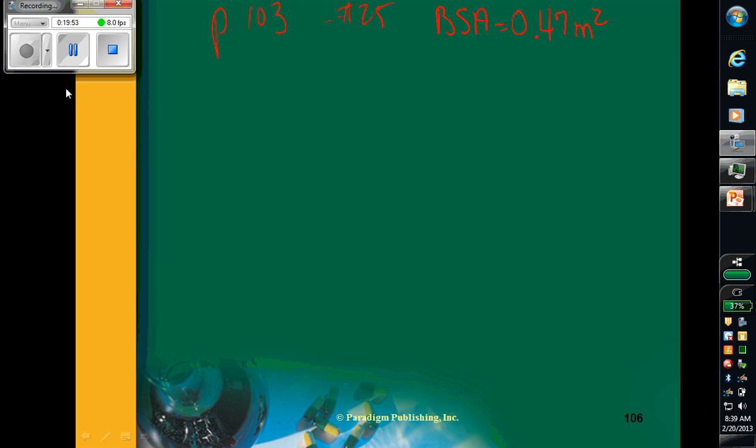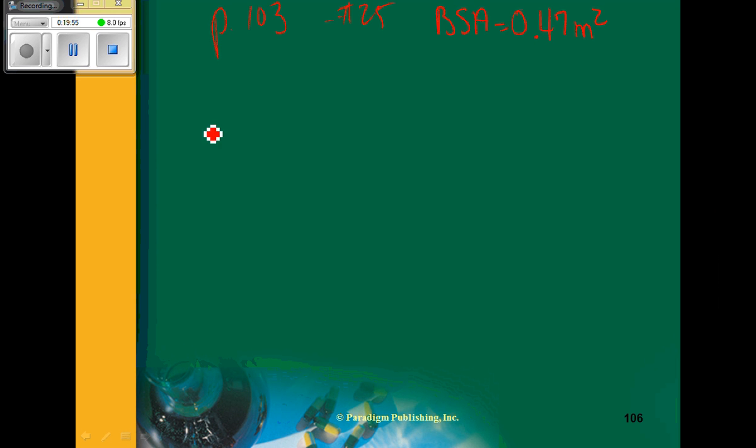I'm trying to find the dose here. You have X milligrams, and you know her BSA is 0.47 meters square. Then you look into the word problem, and the recommended dose is 250 milligrams per 1 meter square.